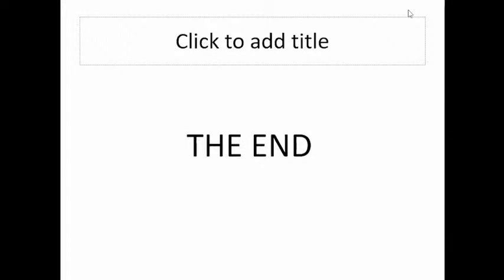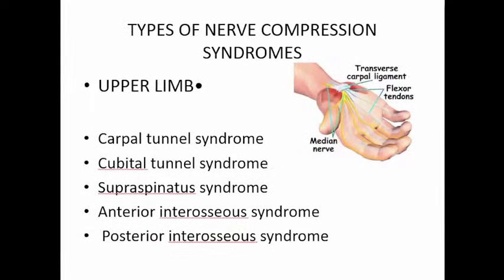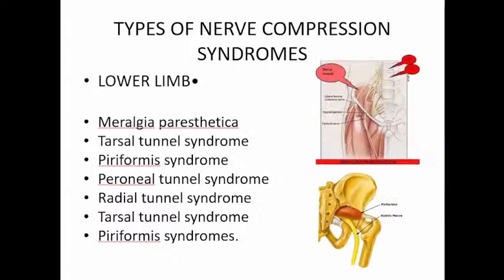Thank you for listening. Any question? I saw some question in the chat about the radial nerve. Oh, I think I put radial nerve under the lower limb. Let me go back. Oh yeah, the radial, apologies.